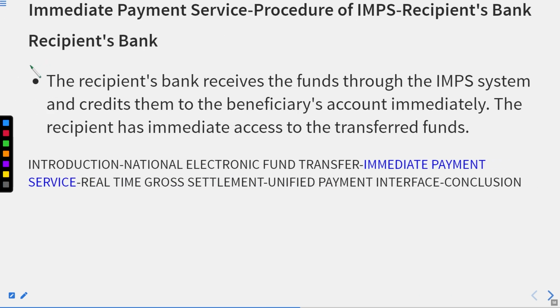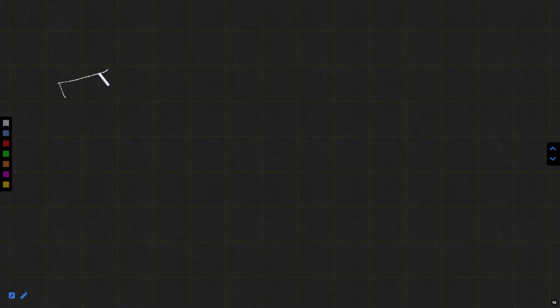Recipient's bank: the recipient bank receives the funds through the IMPS system and credits them to the beneficiary's account immediately. The recipient has immediate access to the transferred funds. So you could say, suppose there are two banks. One bank is XYZ, the second bank is ABC.